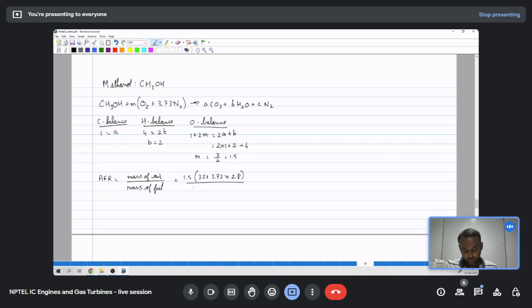For molecular weight of fuel, we have 12 into 1 carbon atom, plus for hydrogen we have 4, plus for oxygen we have 16.